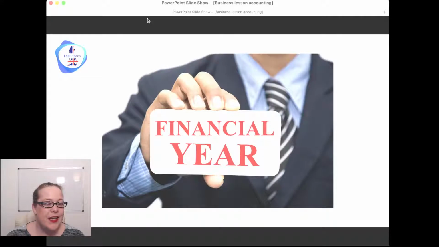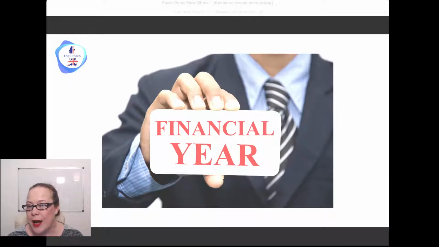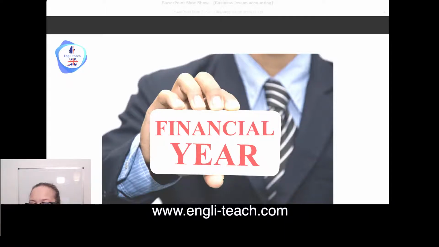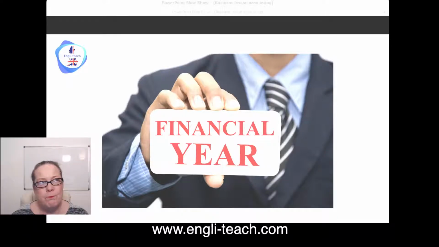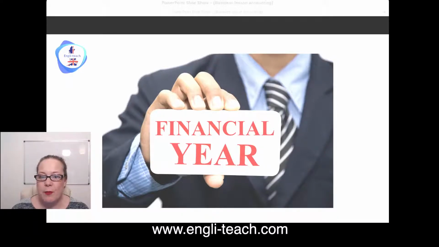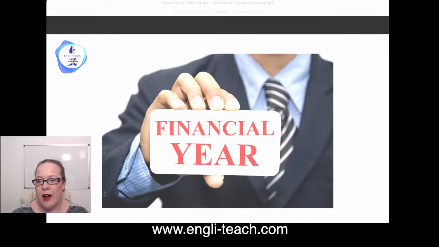Okay. So at the moment in the UK, we are in what is called our financial year. And the financial year in England runs from April to April most of the time.